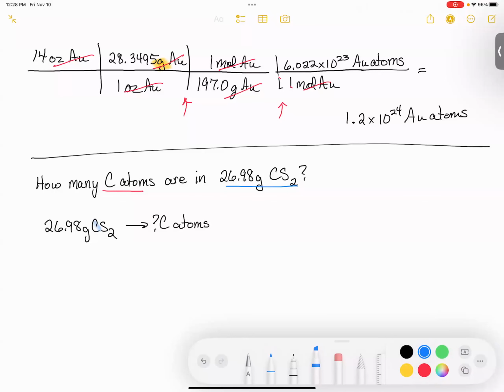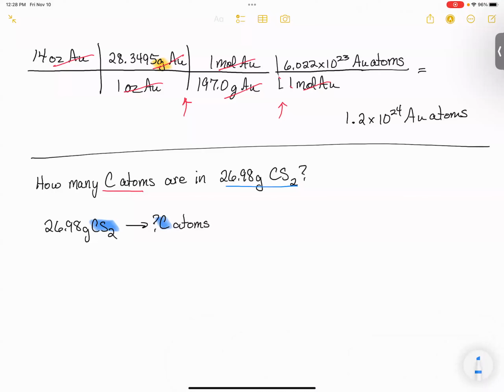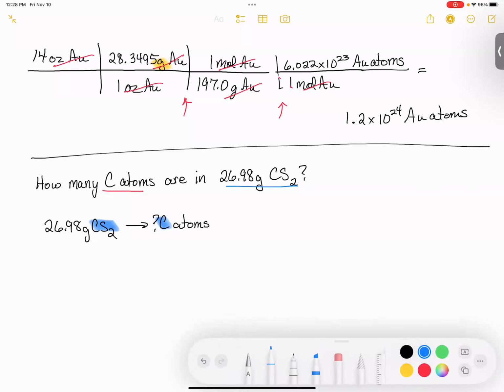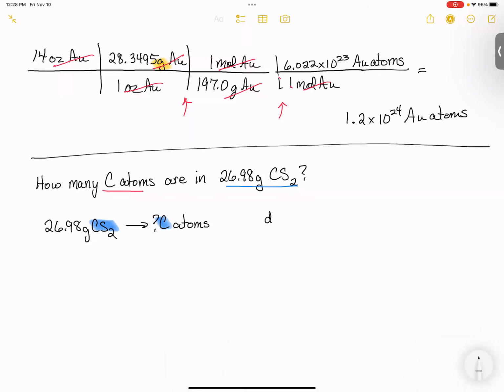First things first, carbon disulfide has a different formula than carbon. Different formulas means what? Means I need a mole to mole.